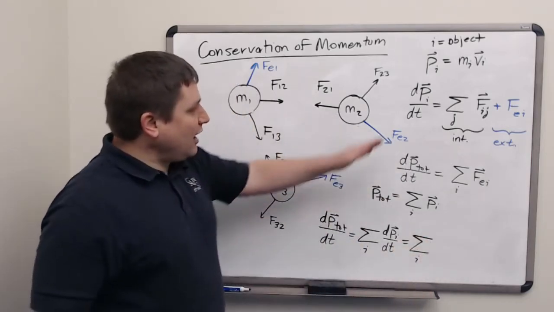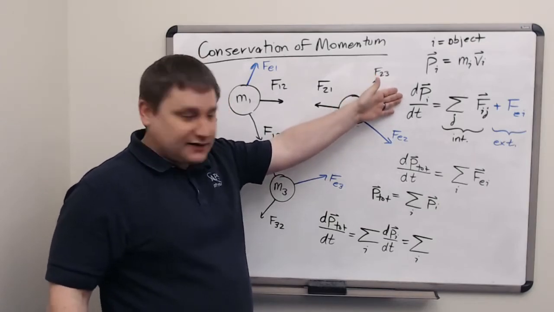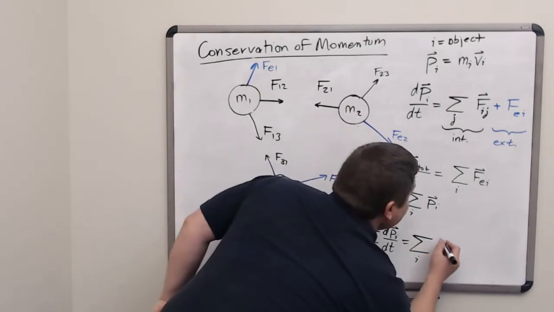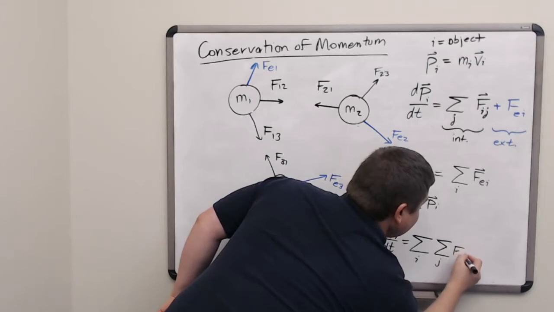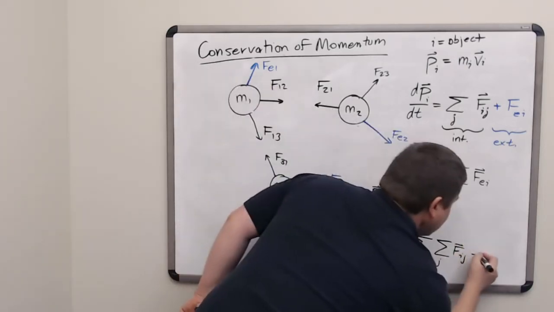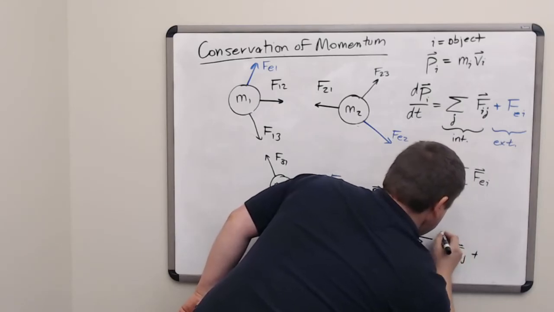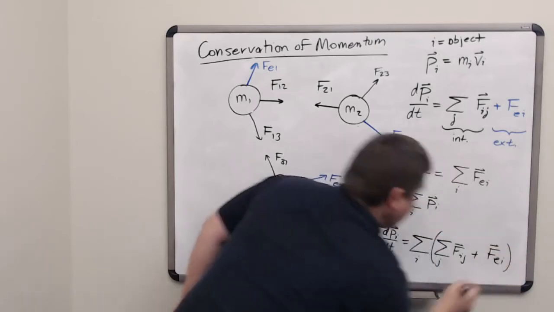And from our work up here with the notation, the derivative of the momentum of one of the objects is equal to this sum over the other objects, j, plus the external forces.